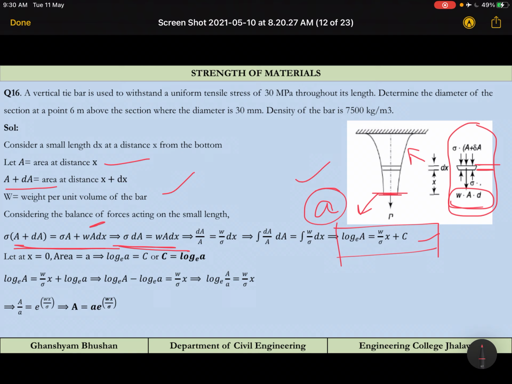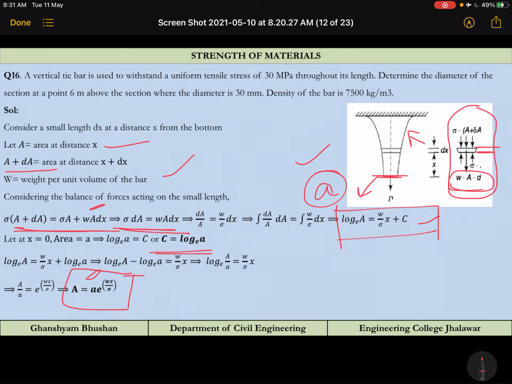Put the value and you will get C as natural log a. Put the values here and you will get how this area is going to vary. So the area varies as A equals the known area a times e raised to power w x by sigma. Here w is the density, x is the distance wherever you want to calculate, and sigma is the constant uniform stress.